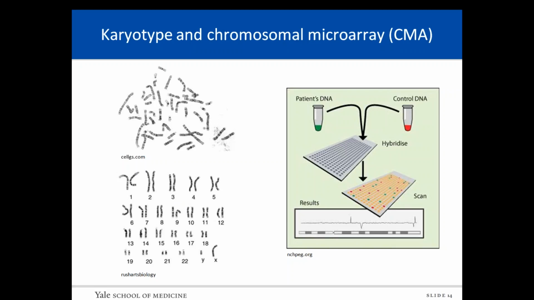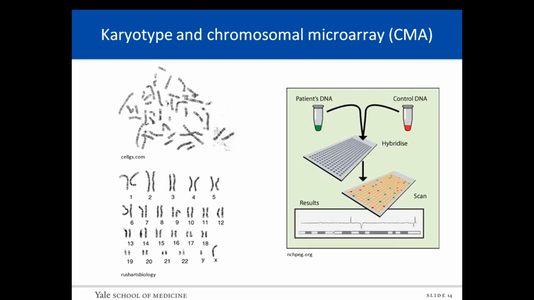A chromosomal microarray involves looking for duplications and deletions of chromosomal regions. In this technique, you have the patient's DNA, and you also have DNA from a control individual or a pool of control individuals, stained with different dyes. These are combined together on a fancy glass slide, and the numerous spots on the slide represent chromosomal regions.